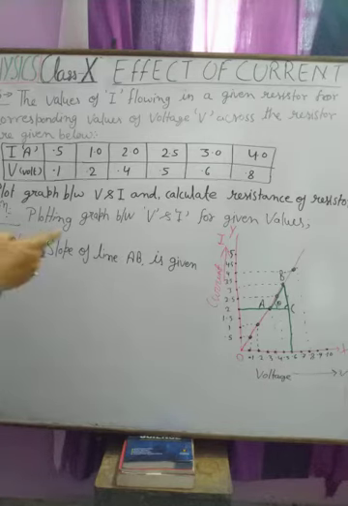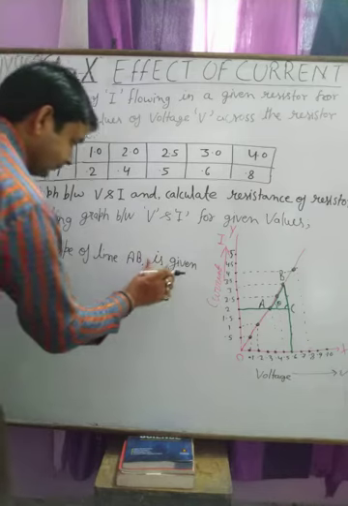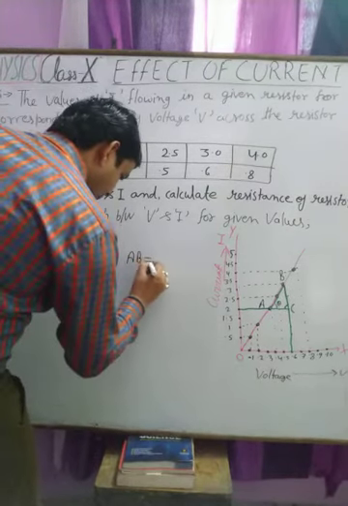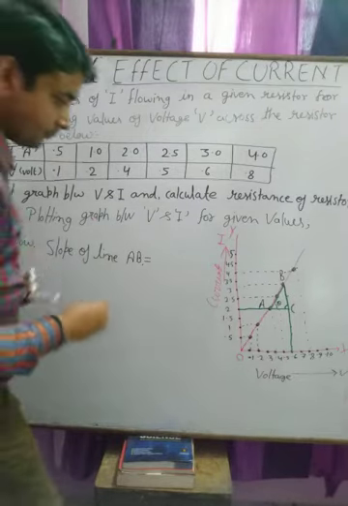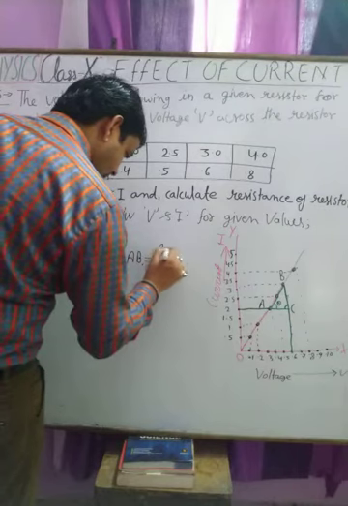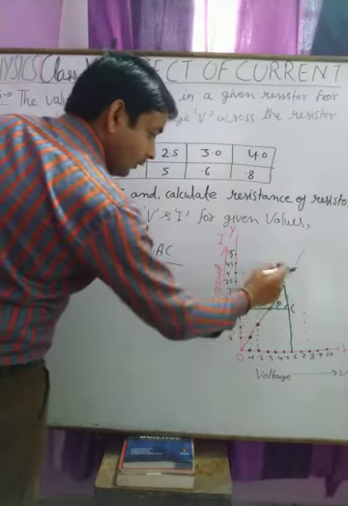The slope of line AB is given by the ratio AC upon BC.